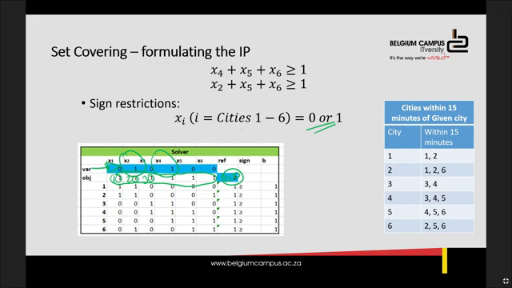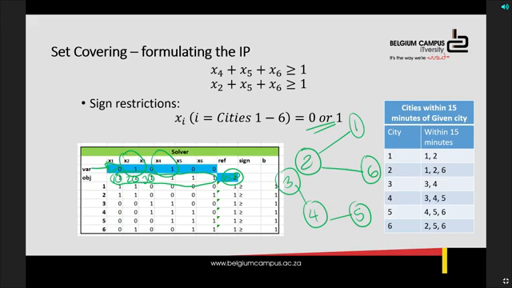All right. So let's see if it works logically. If a fire station is in City 2, City 2 will cover 1 as well as 6. If we look at 4, 4 is going to cover 3 itself and 5.